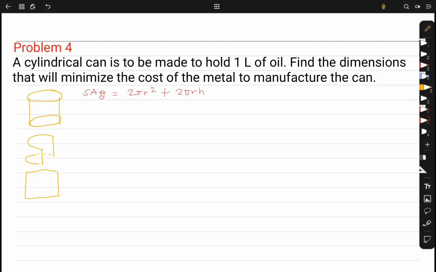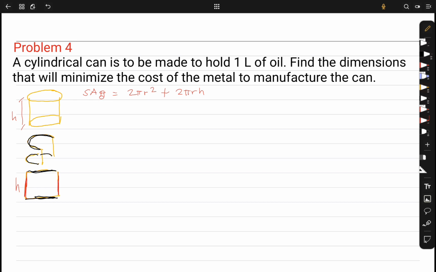Para siyang rectangle, right? Na kung saan, etong edge na to is yung height ng ating cylinder. And then this another edge, nasa taas tsaka nasa baba, is yung gilid ng ating bilog sa taas, right? So, that is perimeter.